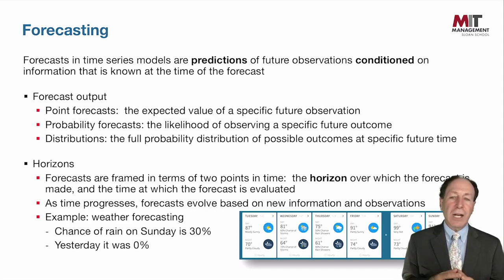So if I said that our chance of rain for Sunday is 30%, perhaps yesterday I made a forecast based on what I knew at the time, and I said it was 0, it wasn't going to rain, and tomorrow my forecast might change again. Perhaps it goes to 50% as new information comes along.